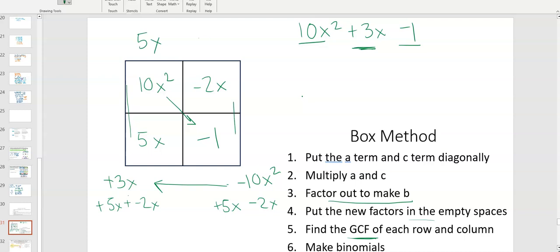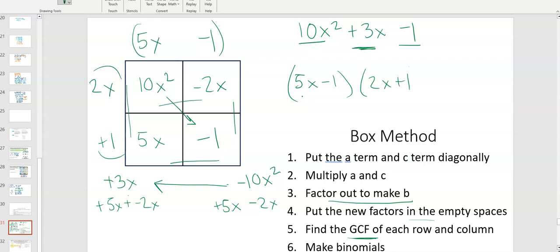Here would be negative 1. Then we're going horizontally. This is going to be positive 1. And horizontally again, the GCF is 2x. There are my pieces right there. So this is going to be 5x minus 1 times 2x plus 1. And that's it. We'll do another example here.